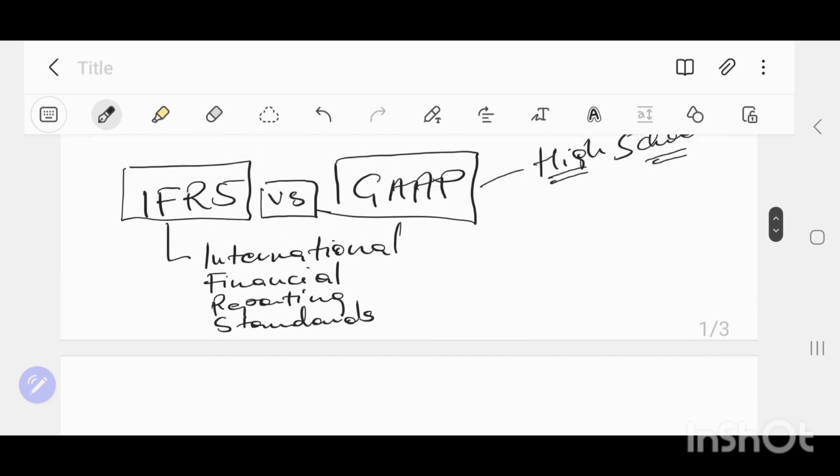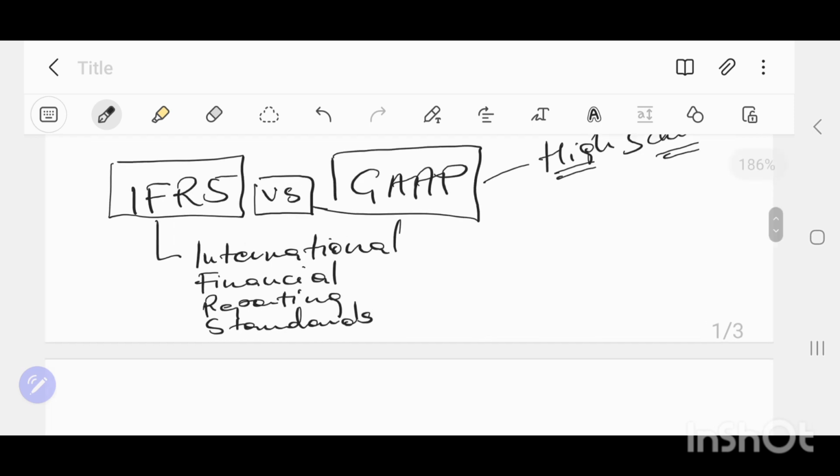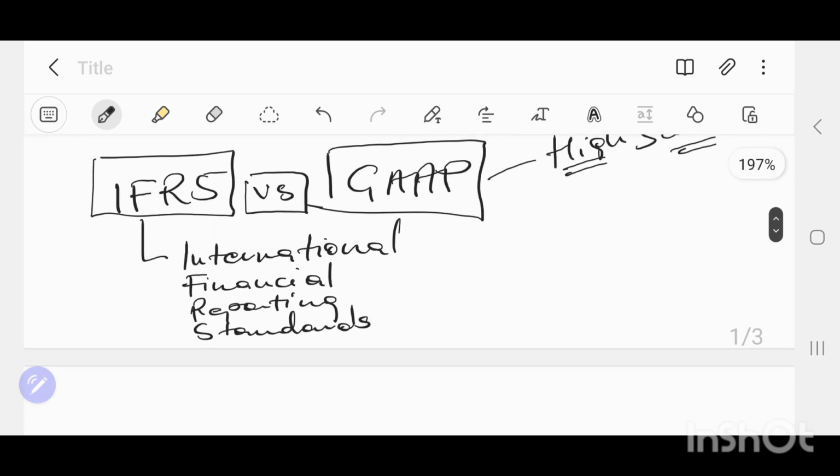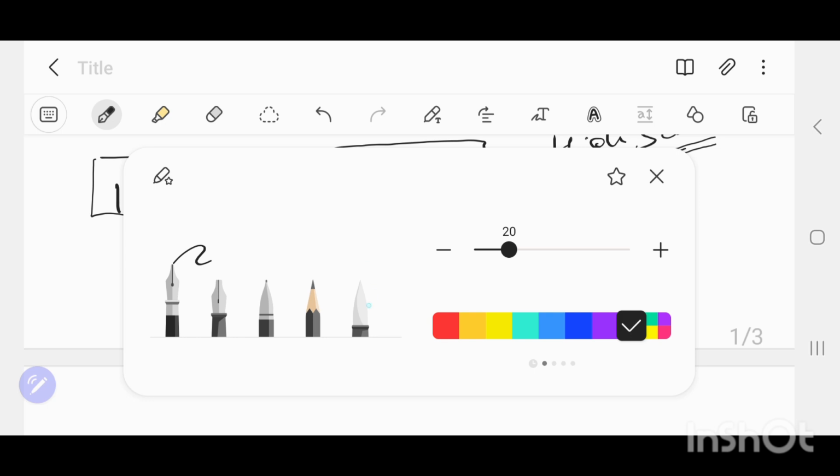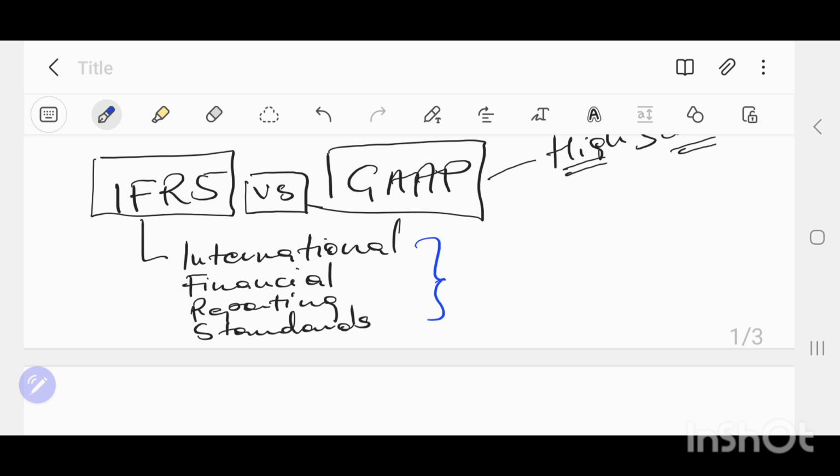So if they ask it, I don't think so, but they might ask it. Especially, you need to understand what IFRS is and who comes up with these accounting standards. Remember, I said the body that's responsible for coming up with these accounting standards is called who?